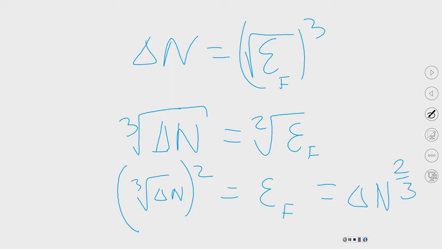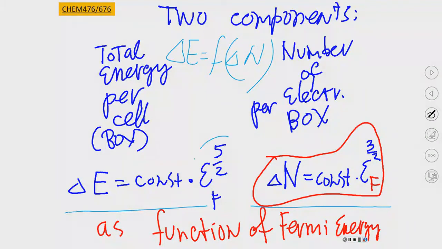Right? Did you get it? Okay. And the next step is to plug this one into here. So Fermi energy is the number of electrons to the 2/3.